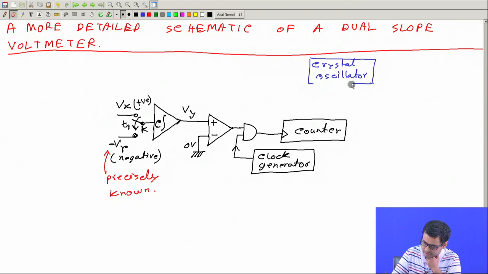Okay. So let me just take an example. This will also help you in solving numerical problems if you follow this carefully. So say this is 1 megahertz.